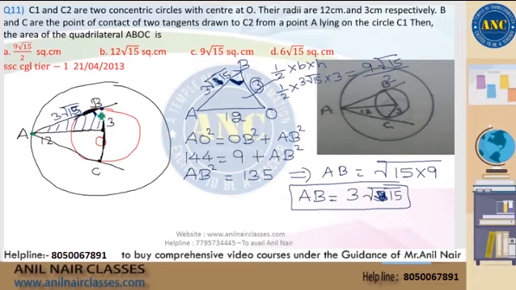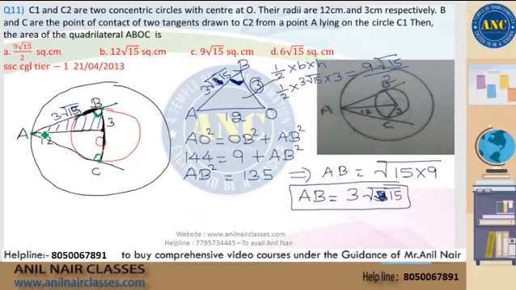In triangle ABO, angle B is 90 degrees, because point B is on the circumference of the circle. Similarly, point C is also on the circumference of the circle, so the angle at point C is also 90 degrees.